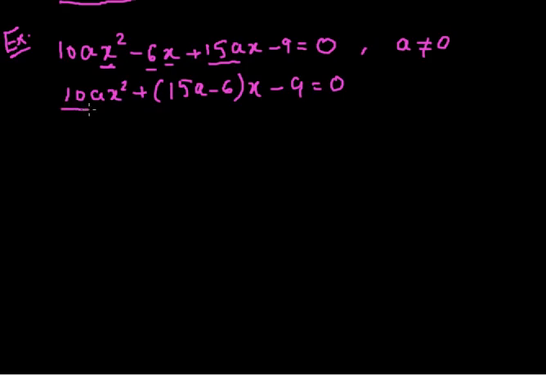Now by the quadratic formula, this is the value of a, the coefficient of x square, this is the value of b, and this is the value of c. In this question, I am using capital A, capital B, capital C instead of small a, small b, small c, because in the question small a is given.